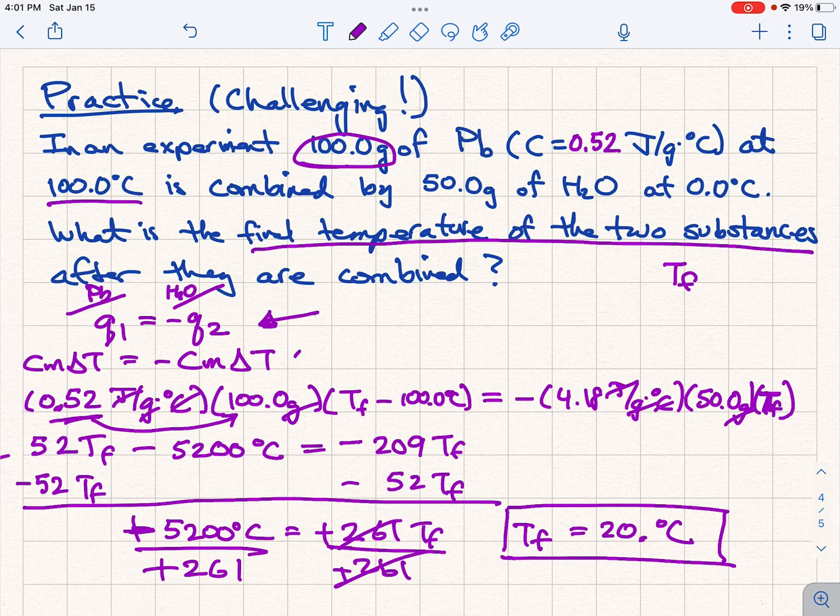And then Q equals Cm delta T, heat capacity times the mass times the change in temperature. And with those two equations, you can solve just about any problem involving objects in contact at different temperatures.